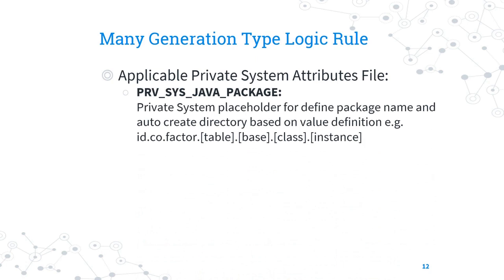This private system attribute is a placeholder for defining the package name and auto-creating directories based on the value definition. For example, id.co.factor.[table].[base].[class].[instance].